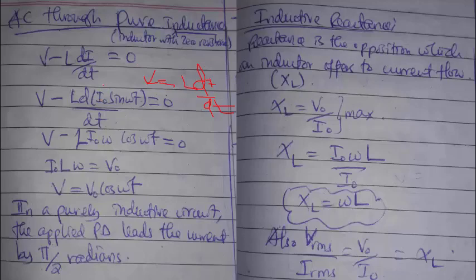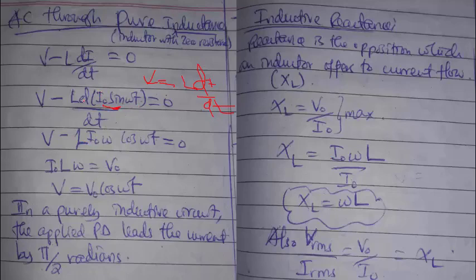Since this is an alternating current, it will be represented in sine and cosine curves, so the current is represented as I naught sine wt.